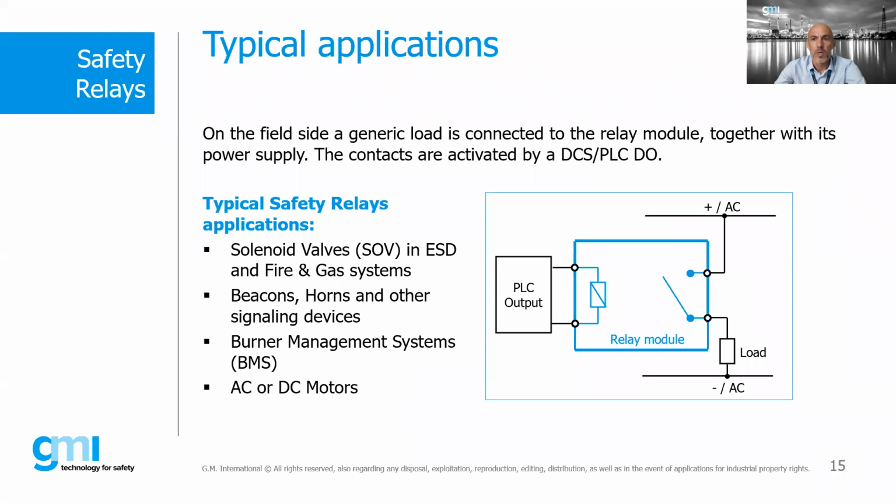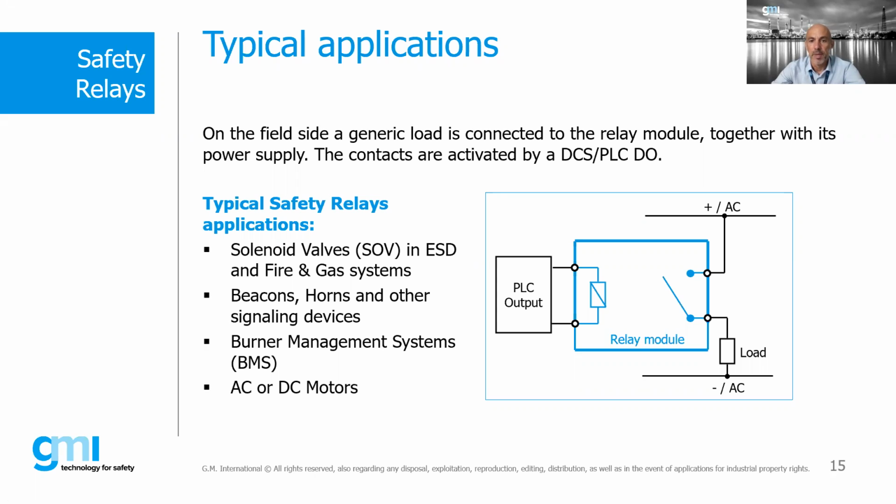Here on the field side, you can see, sorry, I'm using two monitors and I want to close something. Perfect. So this is an application where you have a PLC output driving a load.